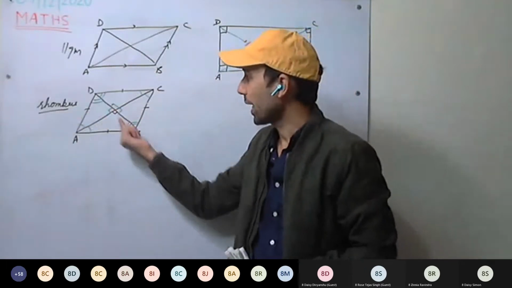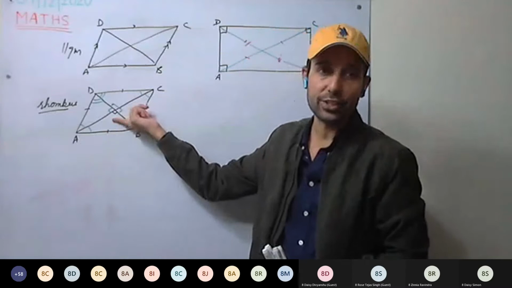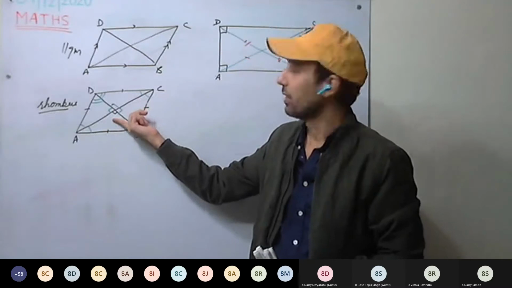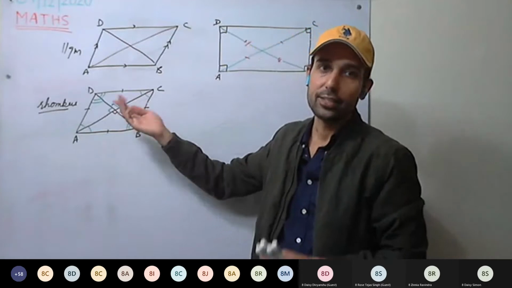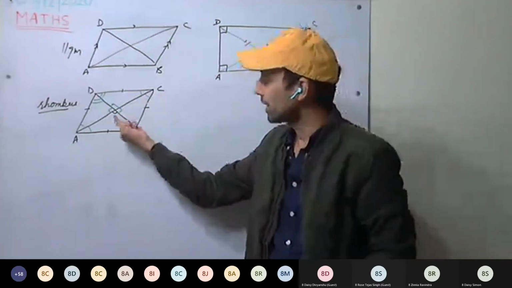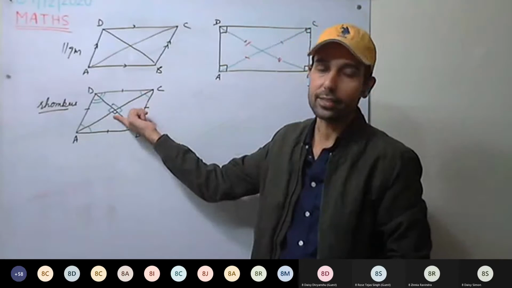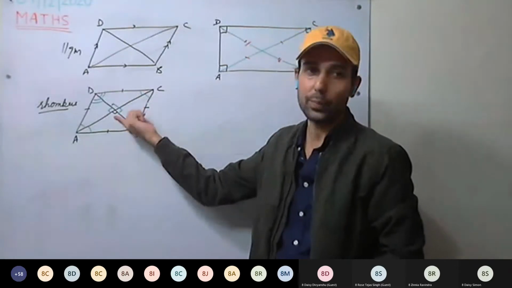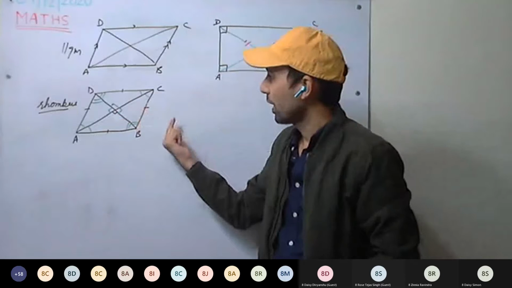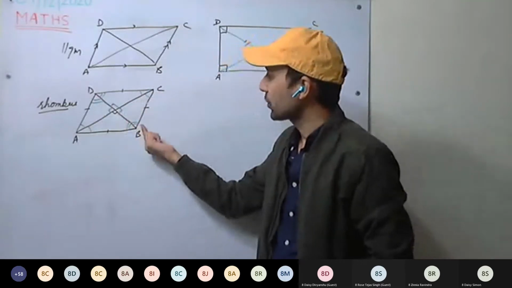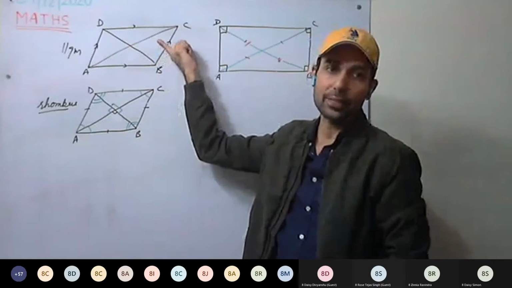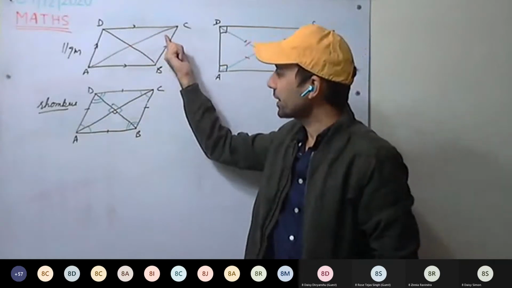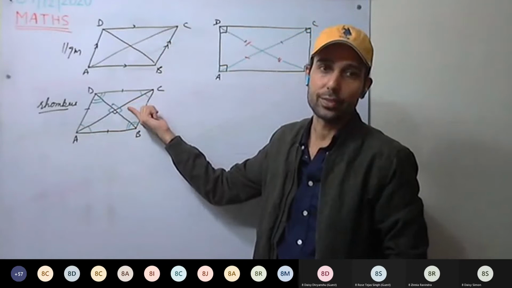So in a rhombus, diagonals meet each other at right angles. This is a very important property. And diagonals as well bisect the angles. In a parallelogram, they don't bisect; if they bisect, it will become a rhombus.